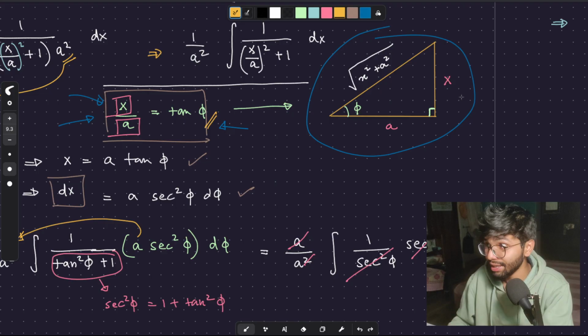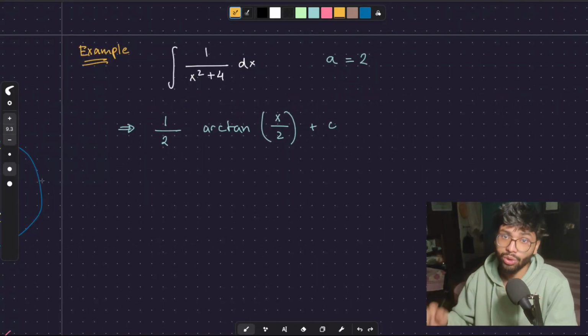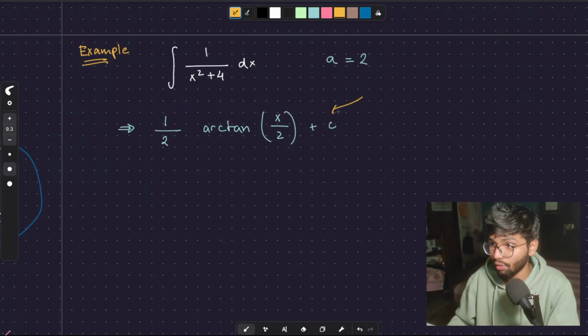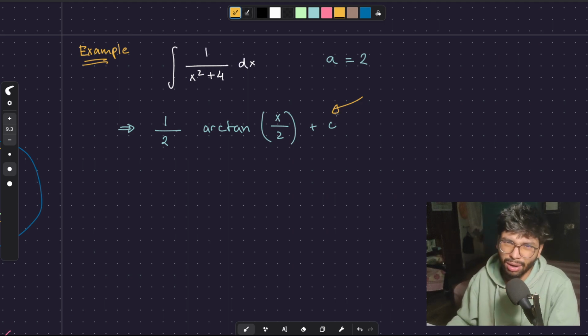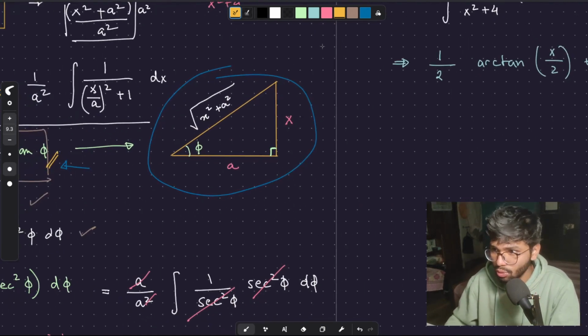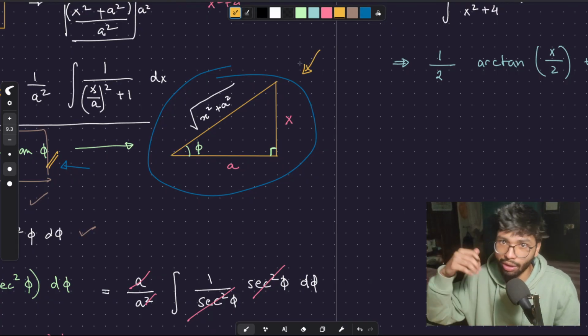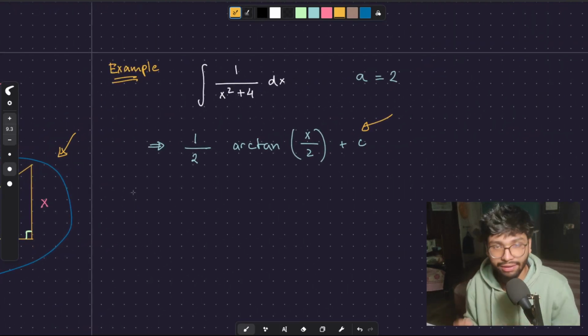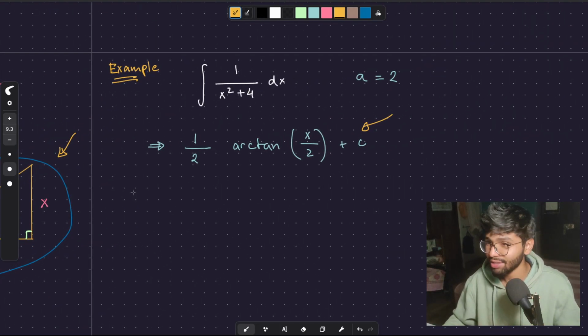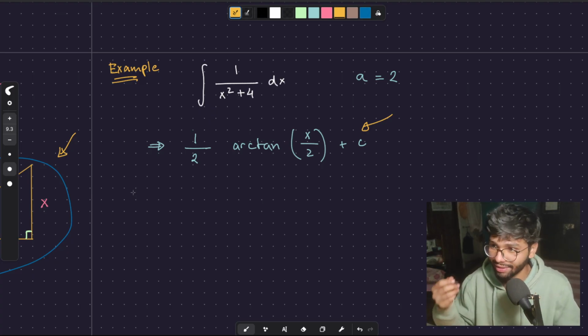You can do it here as well if you have forgotten this formula, because that's what it's about. It's not about memorizing the formula, it's about using the things we've already learned to solve new problems. As always, do not memorize, try it, find it yourself, and then do it.